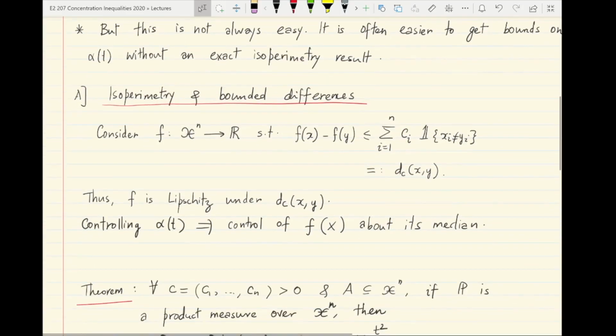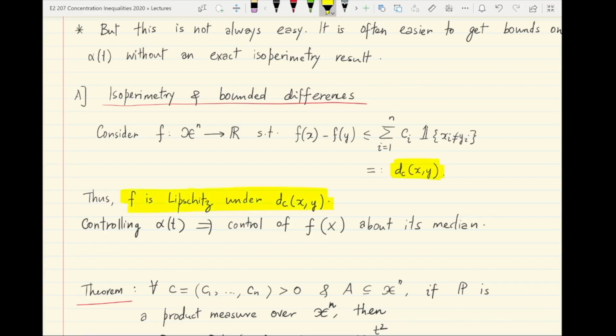So for the purposes of this section, it's convenient to consider a function f which has a bounded differences property defined on a space X^n, in that |f(x) minus f(y)| is at most the sum of c_i times the indicator x_i not equal to y_i. We also call this the c-weighted Hamming distance, and in fact this bounded differences property implies that f is Lipschitz under d_c(x,y).